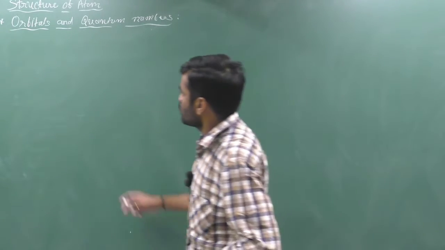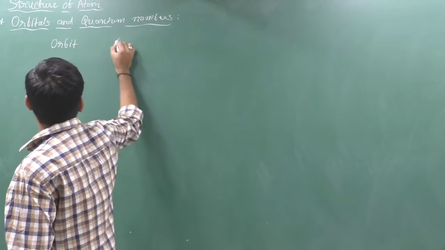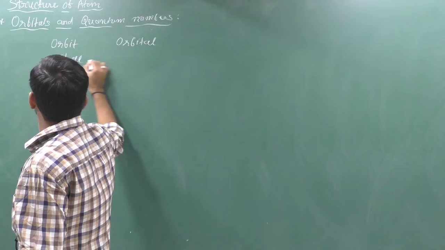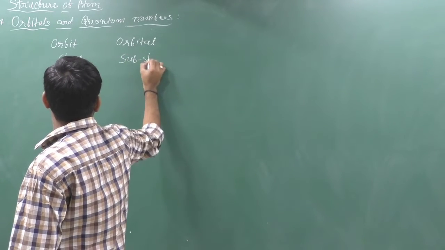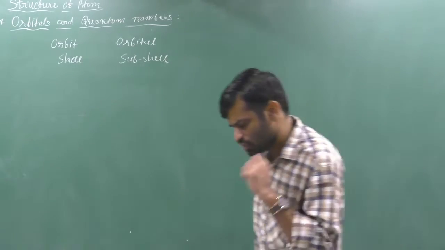Clear? First of all, think about these two words, orbit and orbital. It is cell, it is subcell. What is the difference between these two words?